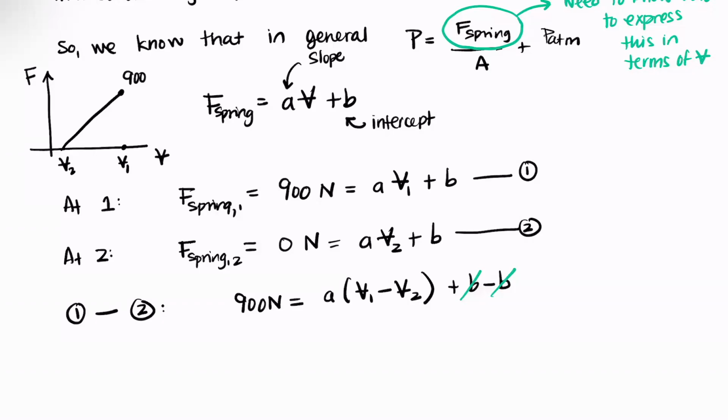Cool. All right. Fantastic. So this means that A is equal to 900 newtons divided by V1 minus V2, which is 9 times 10 to the 5th newtons per meter cubed. I plugged in the volumes, V1 and V2.